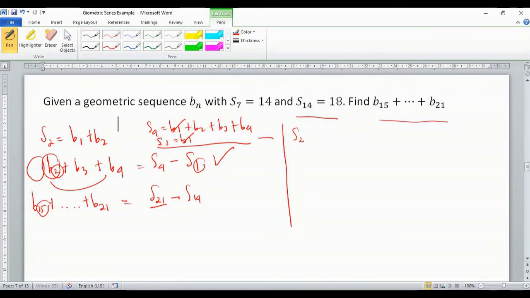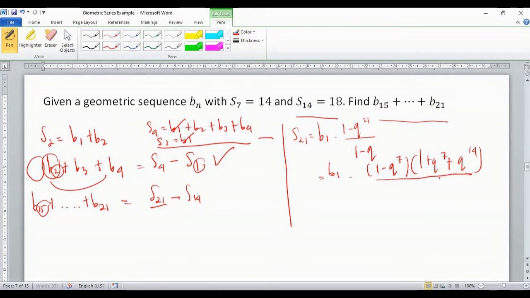We know that S21 is equal to B1 times 1 minus q power 21 over 1 minus q, right? From here, you need to factorize it as 1 minus q power 7, close bracket, with 1 plus q power 7 plus q power 14, over 1 minus q. And then how about S14?